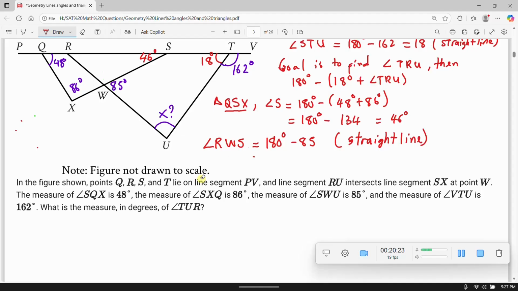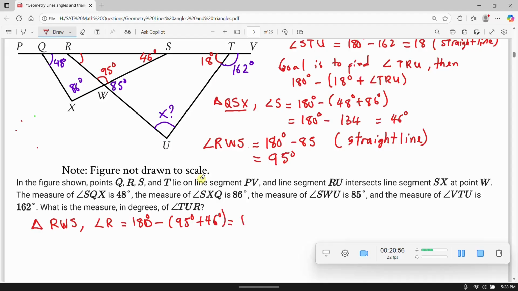So that's going to be 95. So this angle is 95. So now we can find, in triangle RWS, the angle R is 180 minus 95 plus 46.